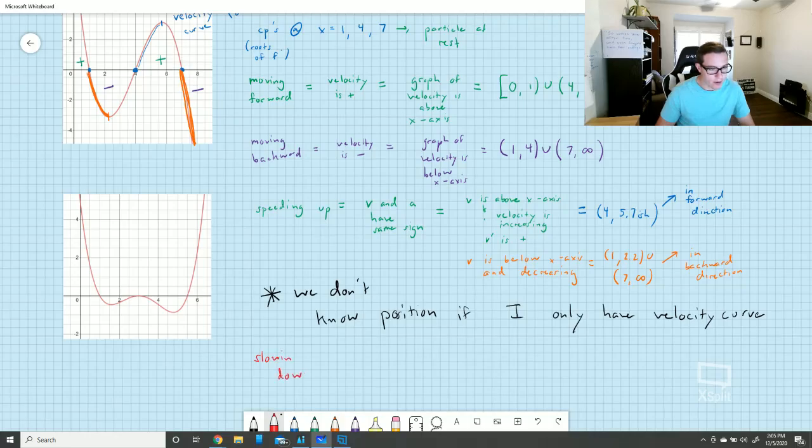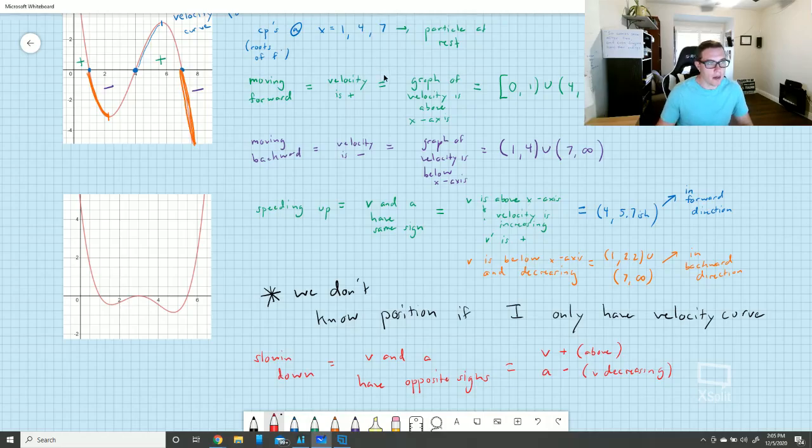Slowing down is when velocity and acceleration have opposite signs. So that would be when velocity is positive, or above, and acceleration is negative, which means velocity is decreasing because acceleration is the slope of velocity. Where is that happening?